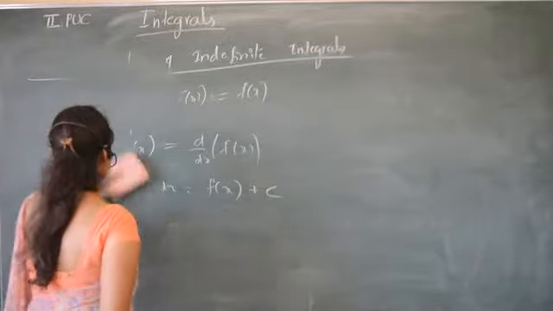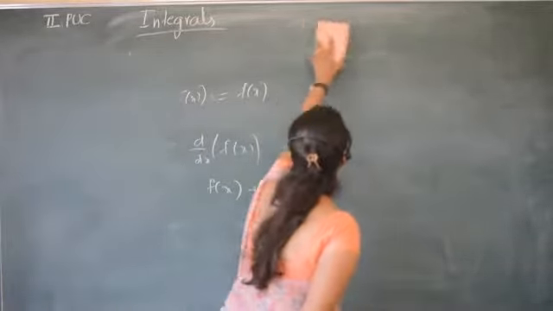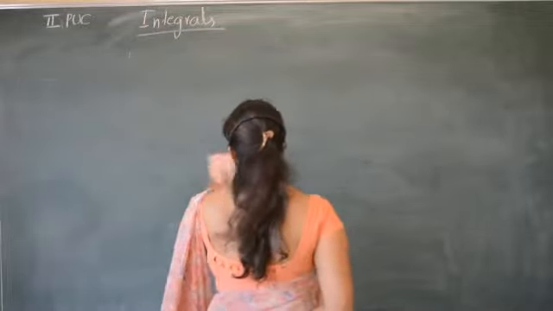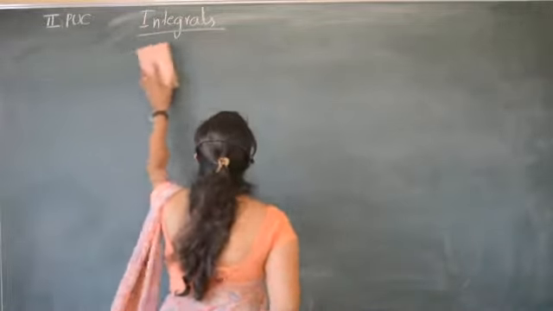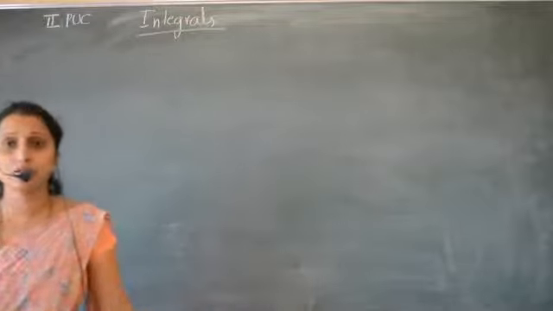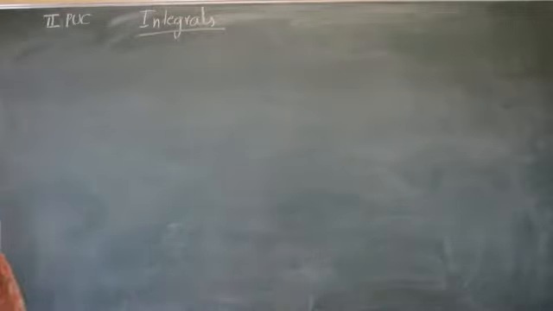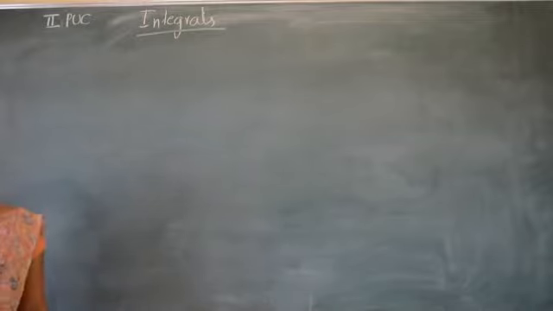Next one, if there are two indefinite integrals having the same derivative, then they represent the same family of curves. We already know that the integral represents a family of curves. Therefore, if there are two indefinite integrals with the same derivative, then it gives the same family of curves.